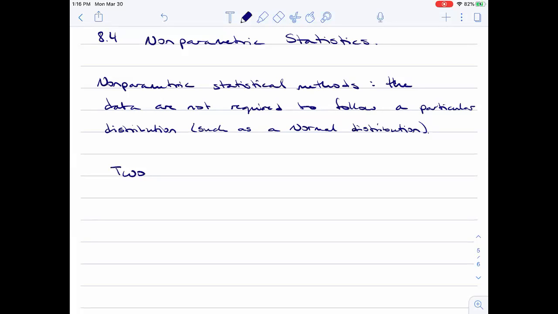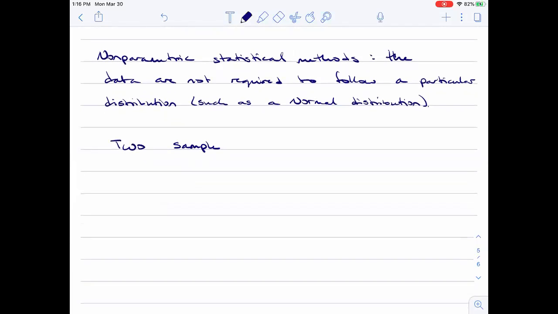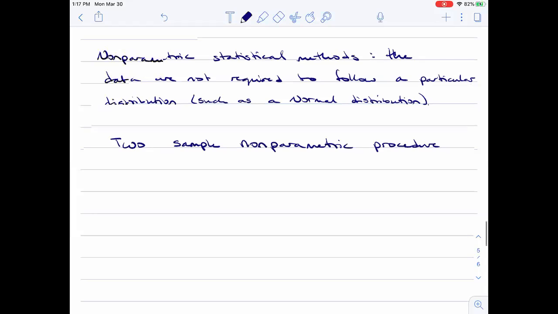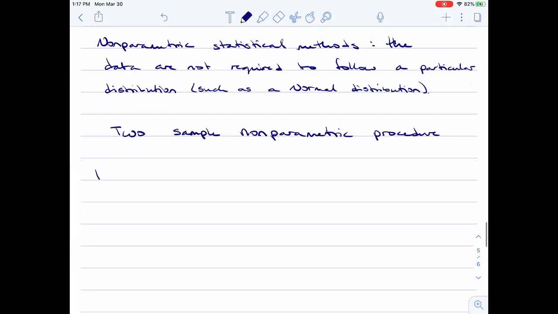So a two-sample non-parametric procedure: the Wilcoxon Mann-Whitney test.